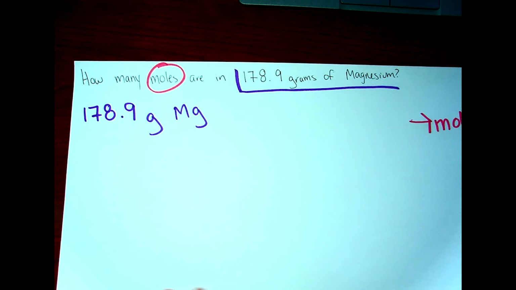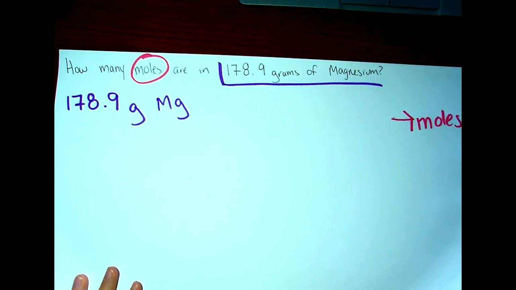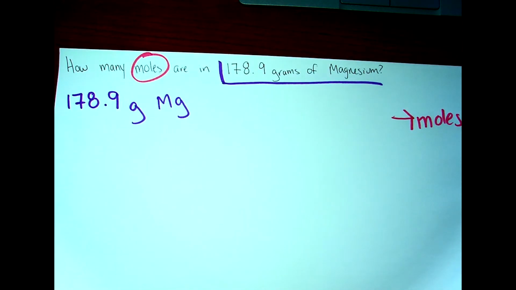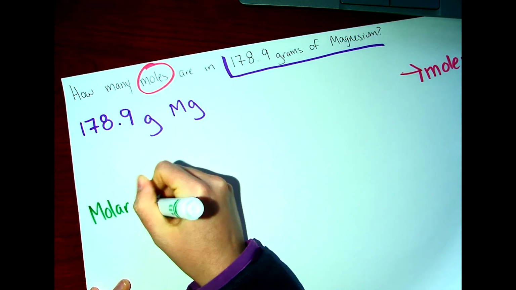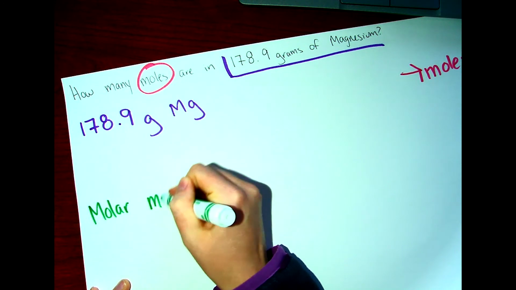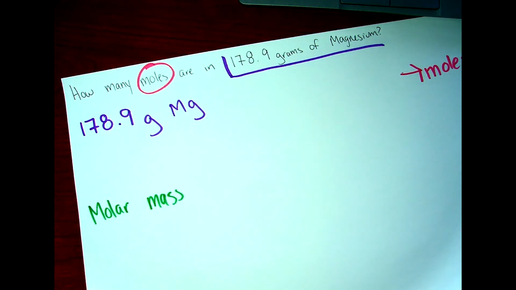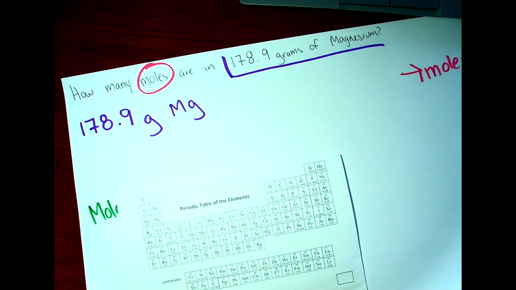So I've got 178.9 grams of magnesium, and we're trying to end up with moles. So we need to find a relationship between grams and moles. Luckily, that's what molar mass tells us. So molar mass is the mass of 1 mole, and it is the same as the atomic mass, but expressed in grams. So we'll look at our periodic table, find magnesium.